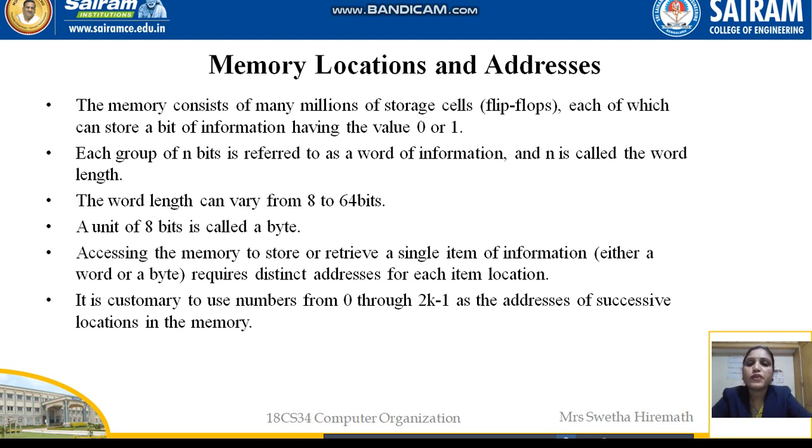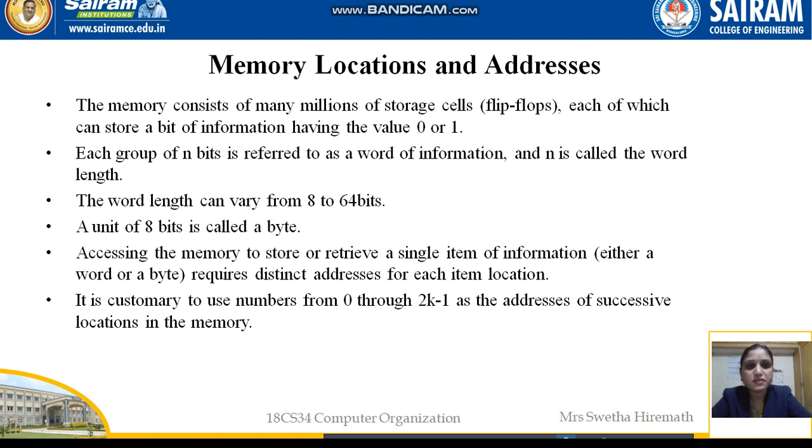So whatever data there is has to be stored as zeros and ones, in the storage cells. Next, each group of n bits is referred to as a word of information. If n bits are grouped together, then that group is called a word of information, and that n is called the word length.